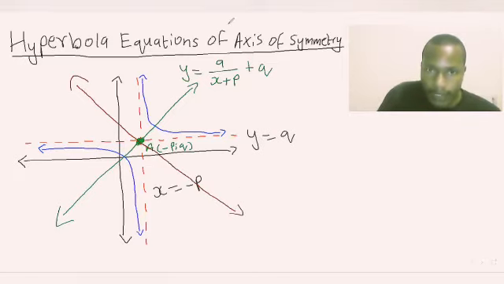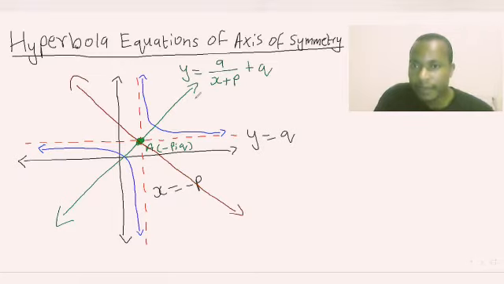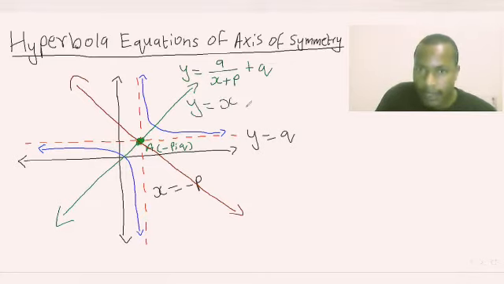The axis of symmetry with a positive gradient would have the general linear equation y equals x plus c. So the gradient would be positive 1, and the c would just be the y-intercept.